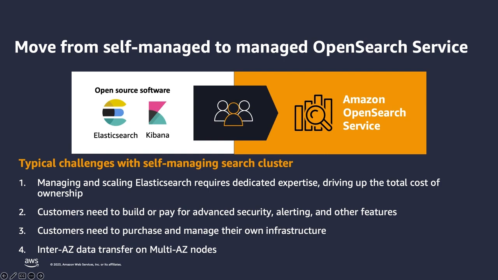When you have that in EC2, you will incur inter-AZ data transfer because these nodes will constantly talk to each other for high availability. They will constantly replicate data to each other across availability zones. This incurs inter-AZ data transfer when you have this multi-AZ setup. The inter-AZ data transfer can go up significantly when you have a large cluster with more nodes and more replicas of your data across AZs.